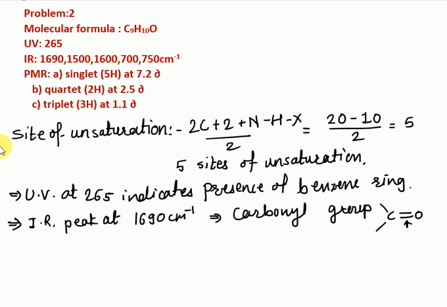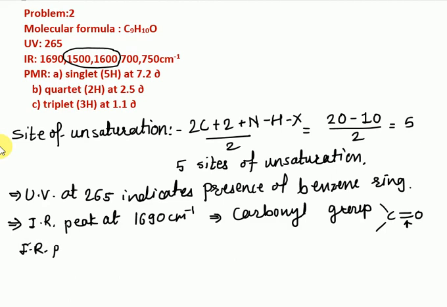Then the 1500 and 1600 values indicate the presence of the benzene ring again, aromatic stretching. Then peaks at 750 and 700 per centimeter indicate the benzene ring, and this indicates a monosubstituted benzene ring. This is a very informative value in the IR.